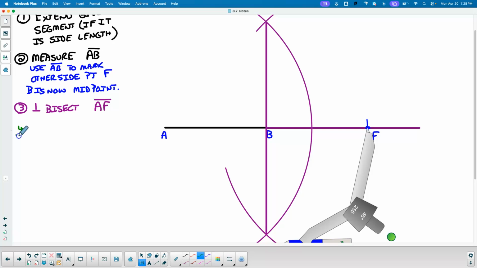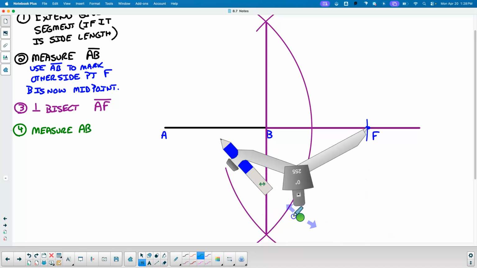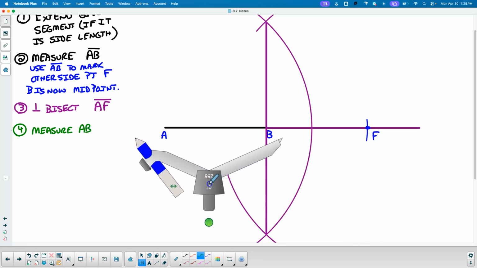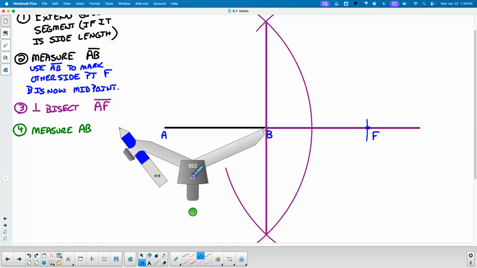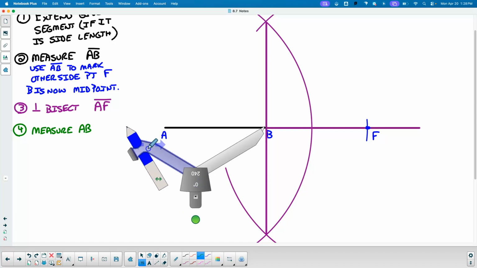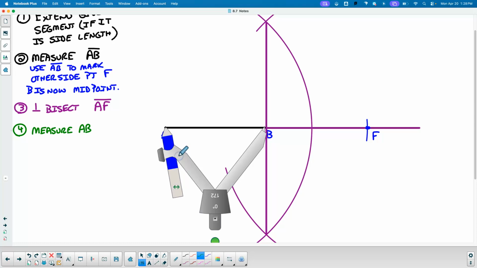Step 4 now, we're going to measure segment AB. So we're going to return our compass back to segment AB, to that length.